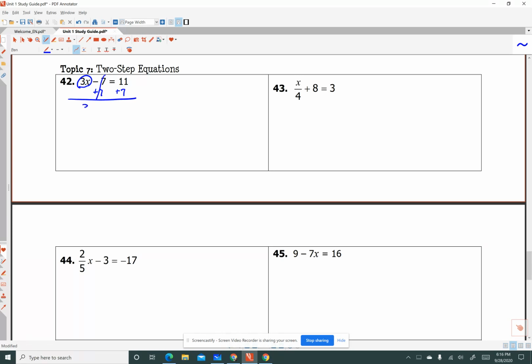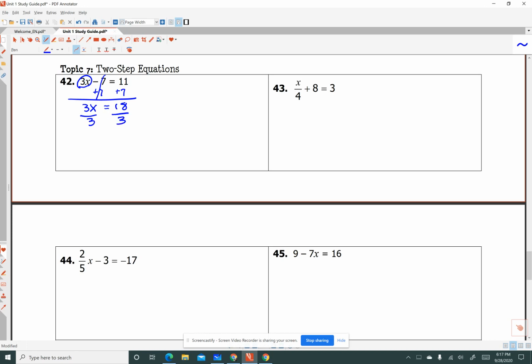And that cancels, 3x, 11 plus 7, 12, 13, 14, 15, 16, 17. Sorry, I was thinking about something else. 18. So 3x plus 8 equals 18. Now we just divide by 3.